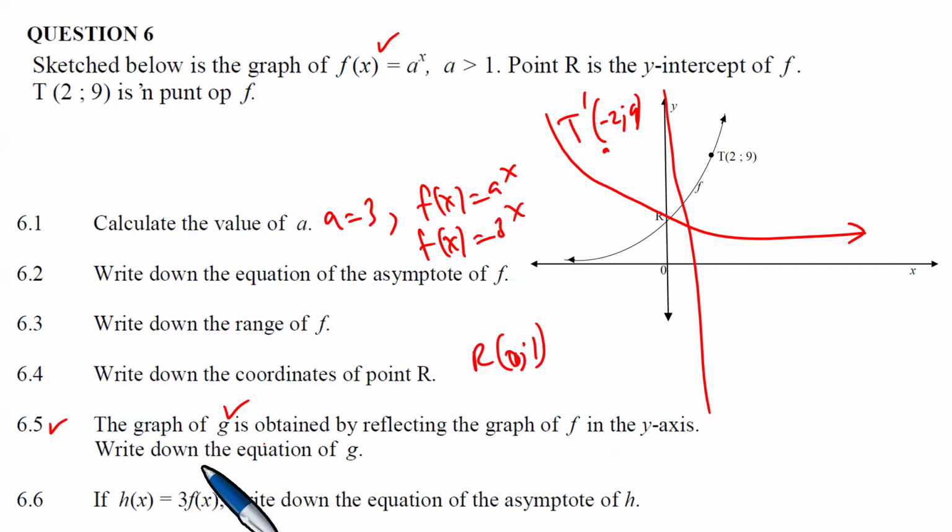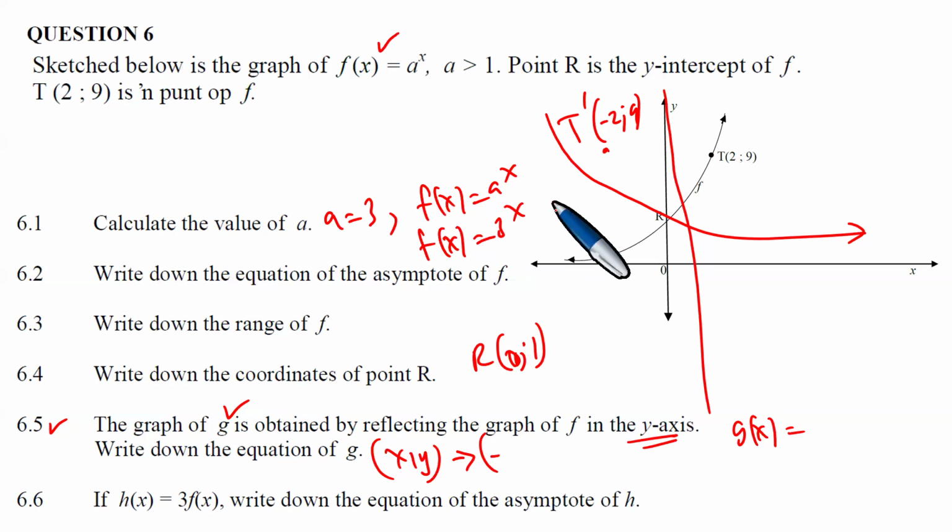This transformation of reflecting in the y-axis takes an ordered pair x and y to x becoming negative and y remaining the same. So our g is therefore 3 to the minus x.